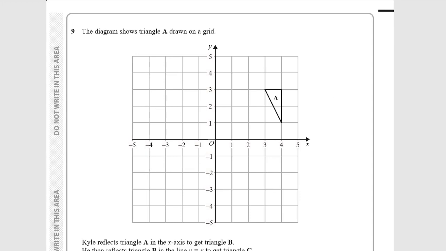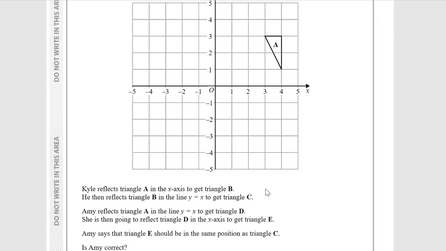Question 9. So it says Kyle reflects triangle A in the x-axis. So he reflects it in the x-axis to get triangle B. So let's write that down.